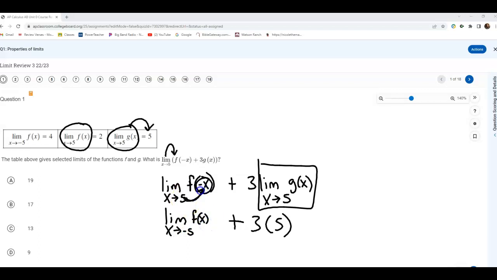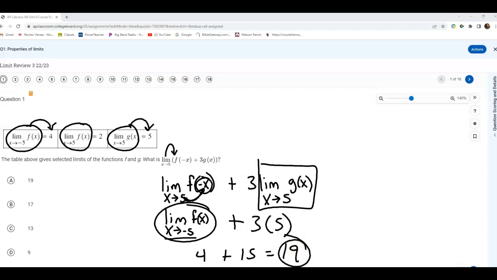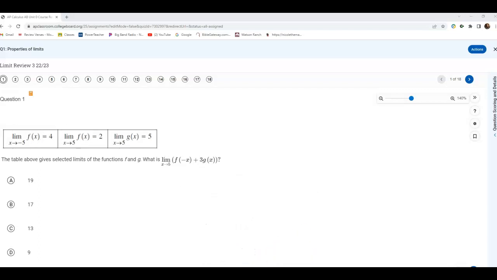Because if I plug 5 in, the 5 just becomes negative. So that's like I'm plugging in a negative 5 to the regular f function. And they tell me that that value there is apparently 4. So we have 4 plus 15, which is 19, would be the final answer there.